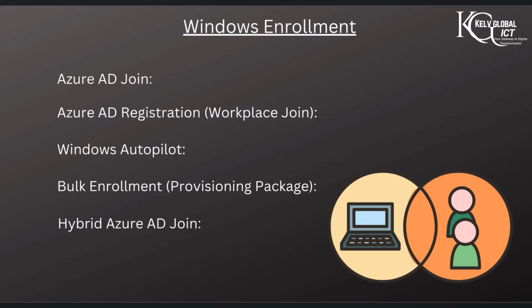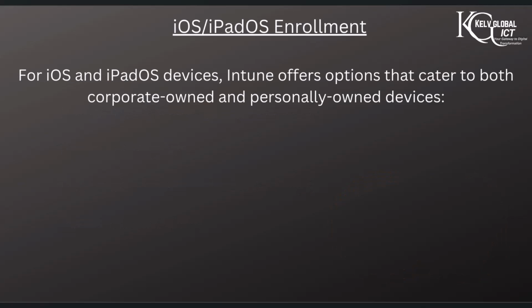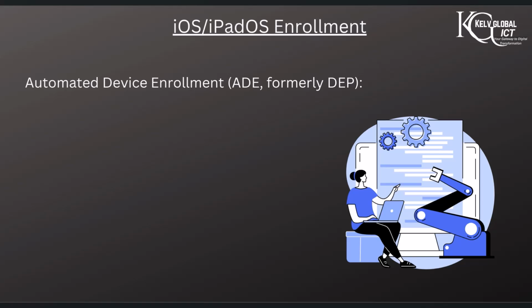Next, we have the iOS, iPadOS enrollment. For iOS and iPadOS devices, Intune offers options that cater to both corporate-owned and personally owned devices. We have the automated device enrollment.